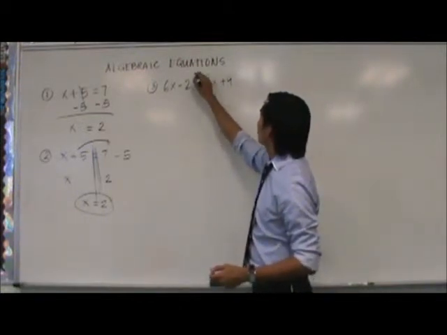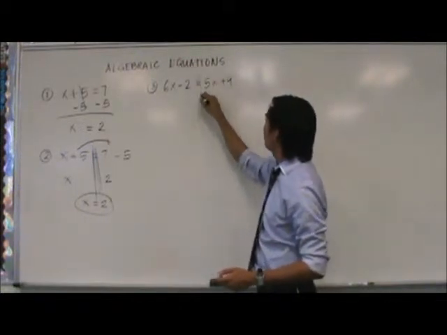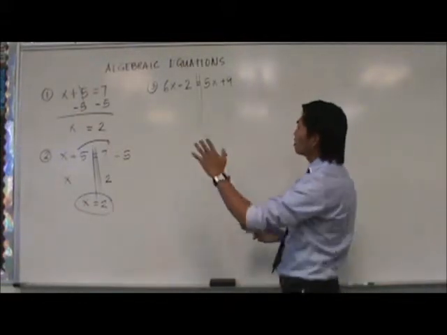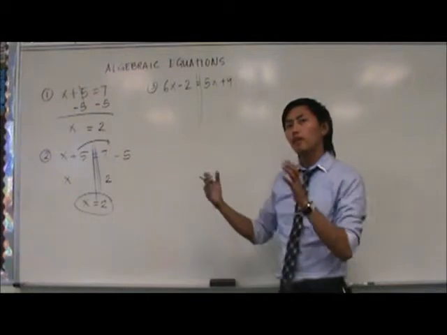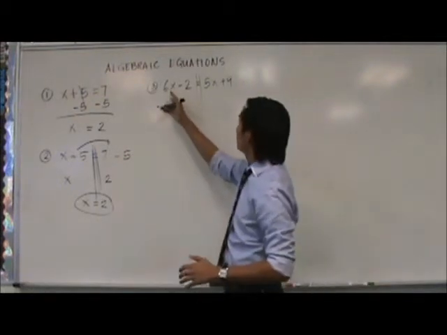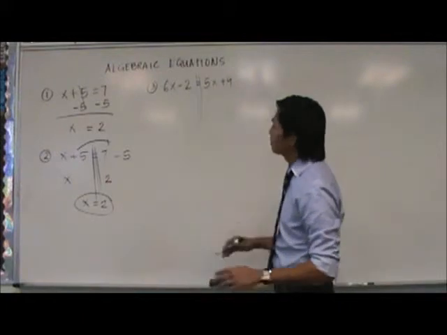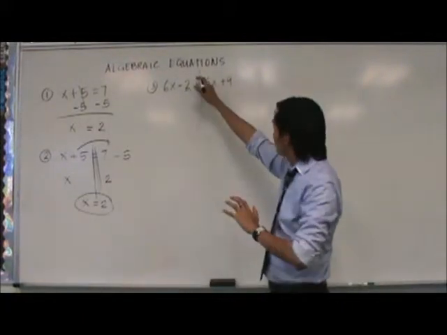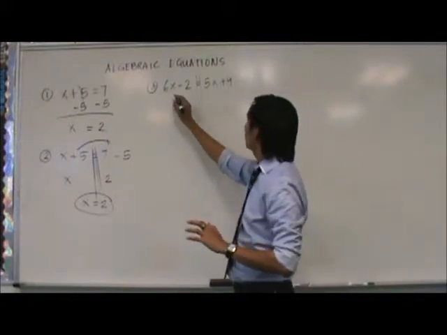That's our equation. We're going to draw the bridge. The problem here is we need to make sure that both x's are on the same side of the equation. Here we got 6x and 5x. We have to make sure that both of them are on the left side of the bridge, of the equal sign.